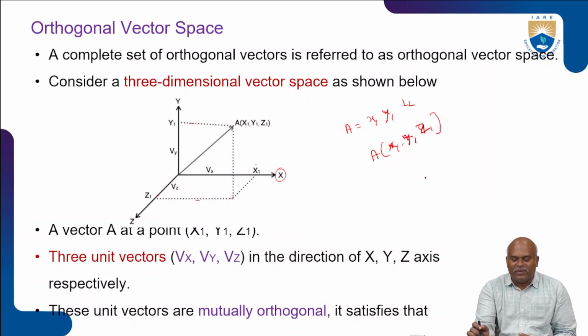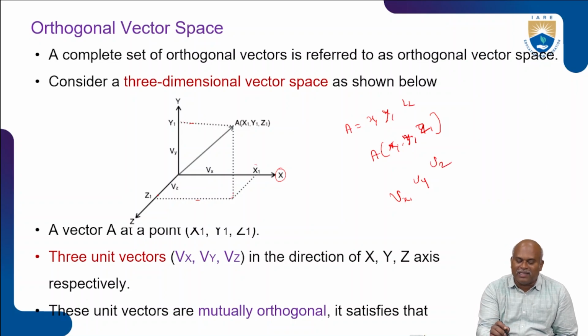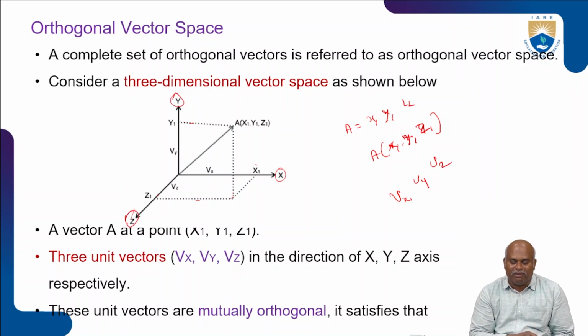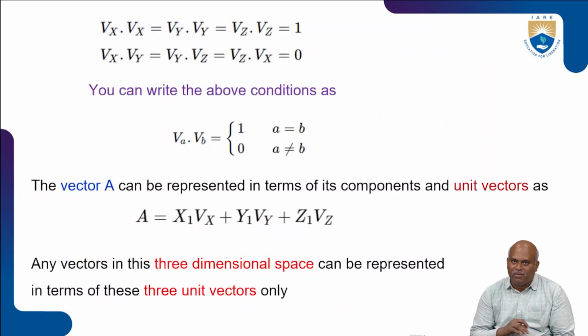These 3 unit vectors we may represent as Vx, Vy and Vz, because we have taken vectors. Those directions are called the x direction, y direction and z direction respectively. Thus the unit vectors are mutually orthogonal, and we consider that they satisfy the following condition.